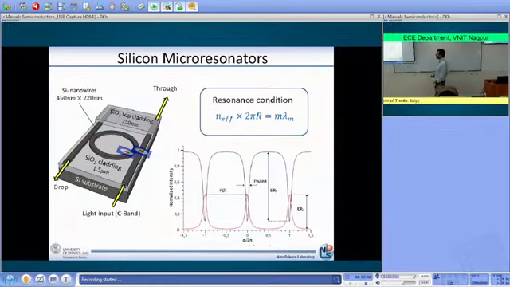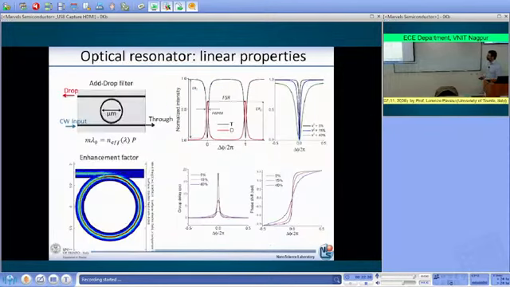Another important quantity is the full width at half maximum, which tells you how large the peak is at the resonance. The larger the peak at the resonance, the larger the full width at half maximum. And those two quantities are relevant for the calculation that we will do in a while.